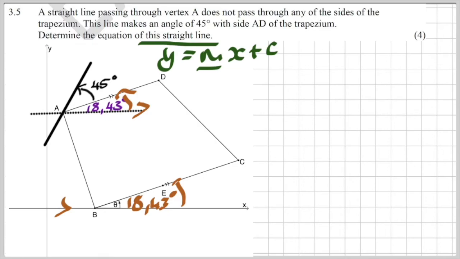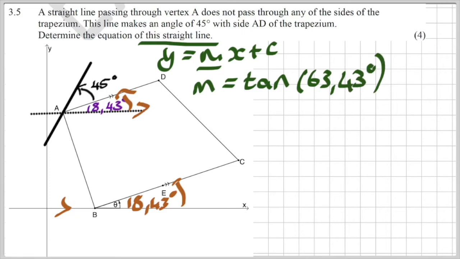Those are my four options at this moment. So the question is, do I have the inclination of that line? Well, I do. It's that 18.43 plus the 45, because the inclination is that whole angle there. So the gradient is equal to 2, which means I have the gradient.